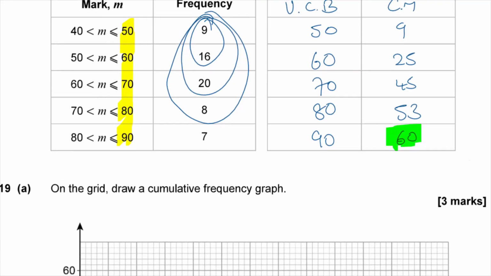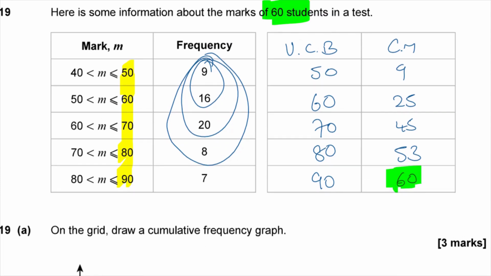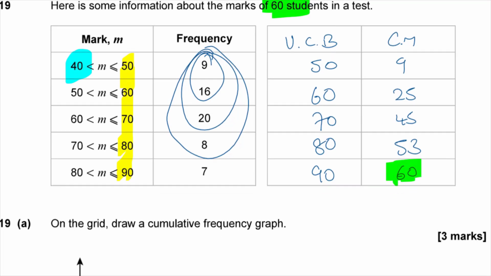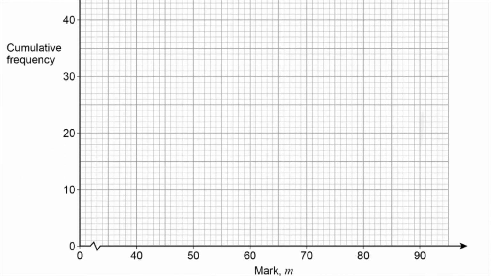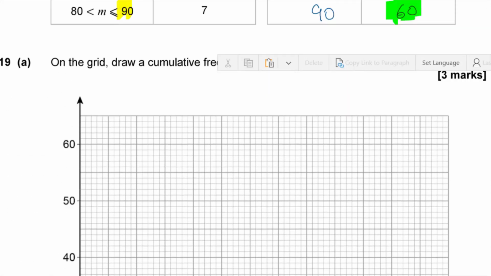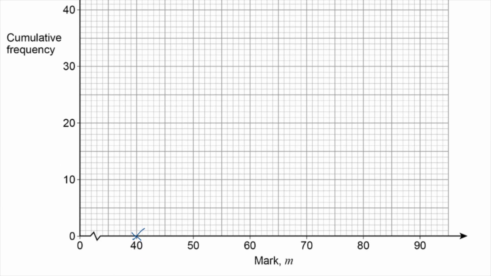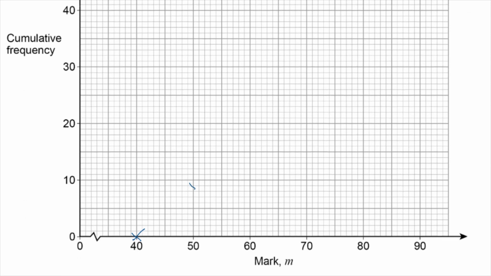Now it's just a matter of plotting. There's one other point I can plot. I can plot the lowest class bound here against 0. So my first point is going to be 40, 0. 40, 0 is going to be that point. My next point then is 50 against 9 and 60 against 25.